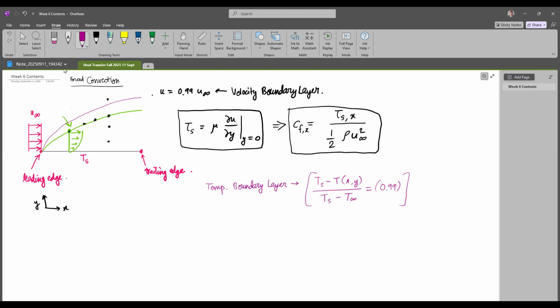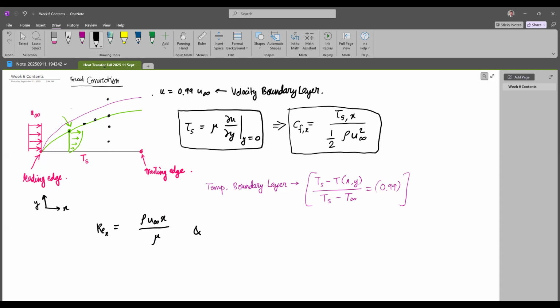Now, what else do we have in the theory this time? Q convection. I think there is the concept of Reynolds number as well. We'll discuss that quickly. The fluid velocity is usually represented in terms of Reynolds number. So at any point, Reynolds number at any x is defined as rho times u infinity times x over mu.